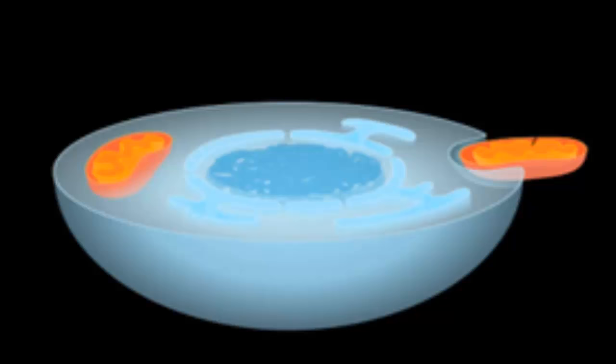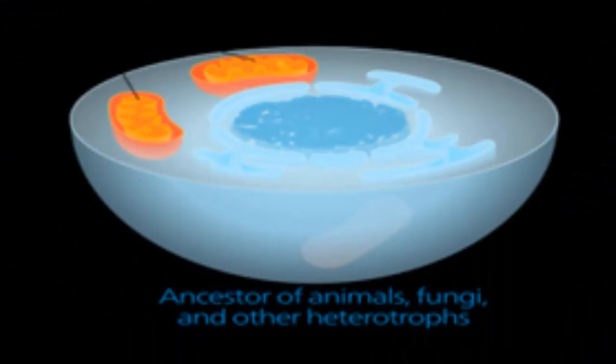And now that cell is going to branch off and become the ancestor to all of the organisms whose eukaryotic cells have a mitochondria but no chloroplast. So these branched off, and there are thousands of species of organisms today that have structures like this, that have a nucleus, they have organelles, particularly a mitochondria, but they don't have a chloroplast. And in fact, these organisms do extremely well in most ecosystems. We fall into that category.